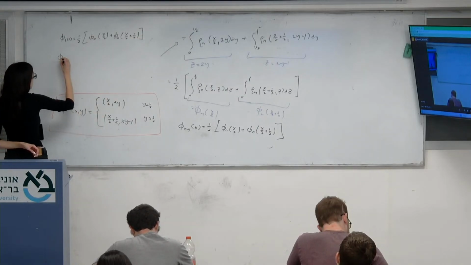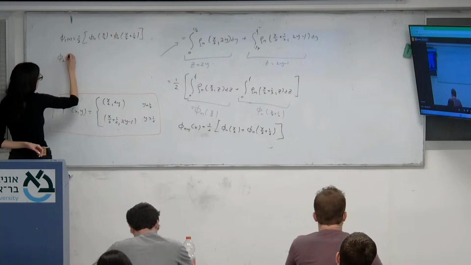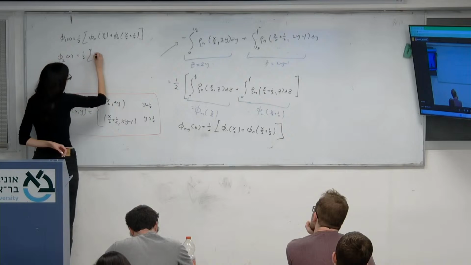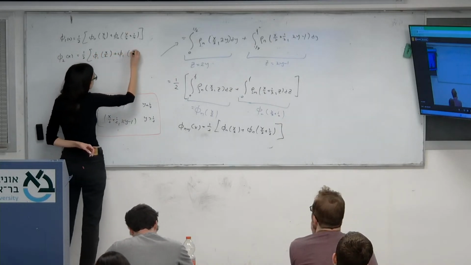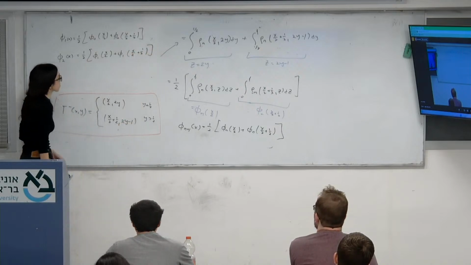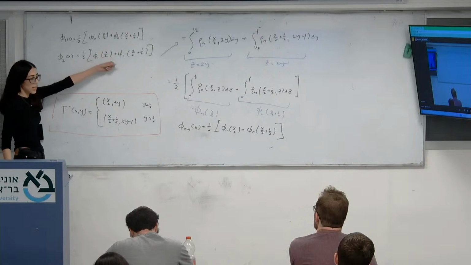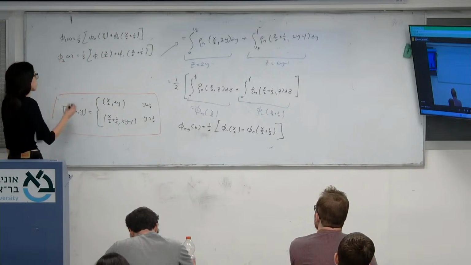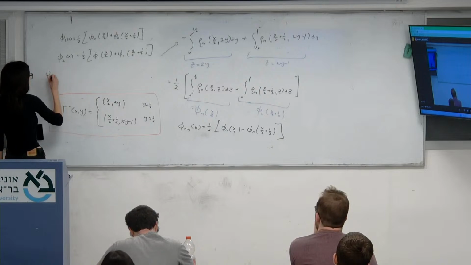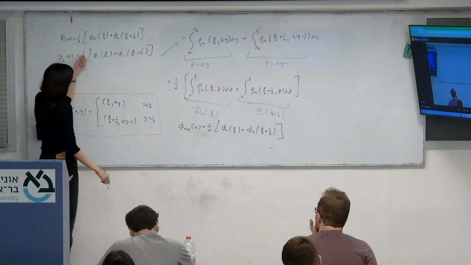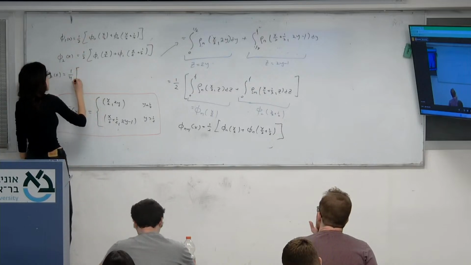From that we can write phi 2 of x as phi 1, and then we can plug this into that and find phi 2 as a function of phi 0. So this is also equal to 1 over 4, because we have a half from here and from here.